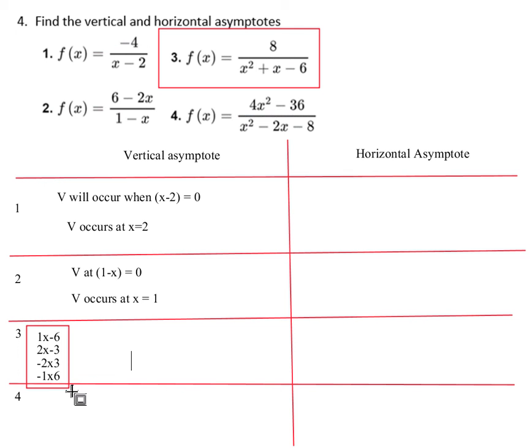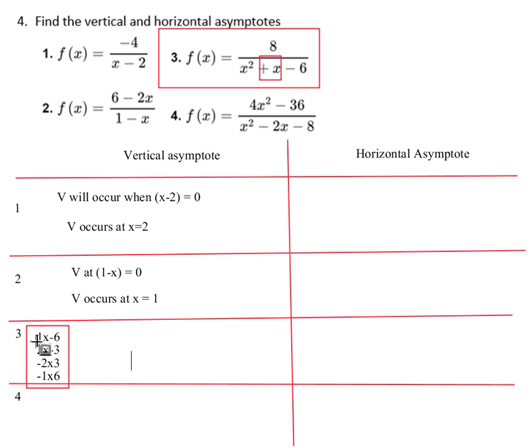Now, what we want is to choose one where if we add them together, we get the coefficient here. So what's the coefficient of the middle one? It is 1, because there's nothing there. So it's 1 times x.